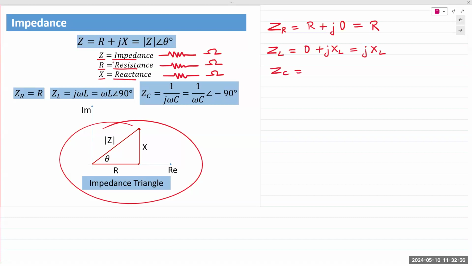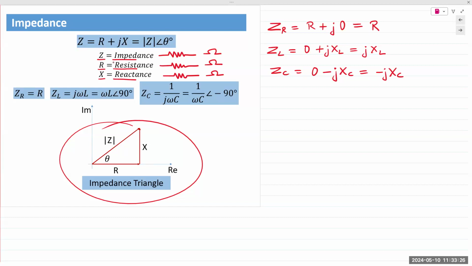ZC is 0 minus jXC, so it's minus jXC. I will explain why it's minus. So ZC is 0 minus jXC because it does not have any resistance. So it's minus jXC.